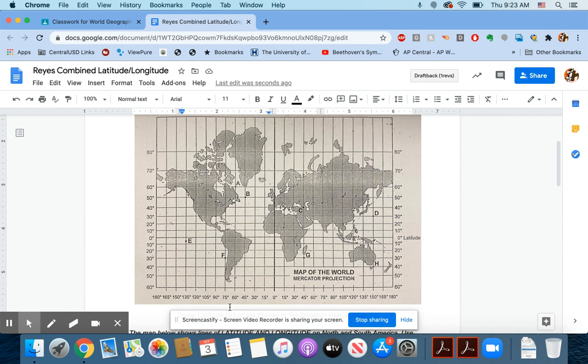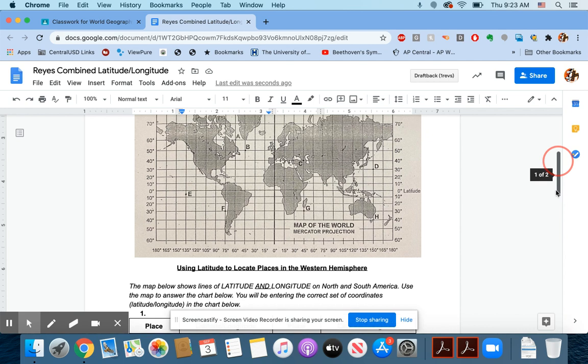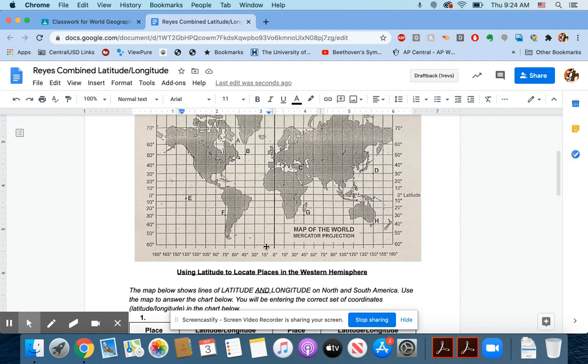Well, 60 degrees west, there's two 60s. There's a 60 here and a 60 here. How do I know which is west and which is east? Again, go to your compass. If prime meridian is 0 degrees, then anything to the left of it is west. Anything to the right of it is east. So I know as soon as I find 0 and I start to go left, I'm actually not going left, I'm going west.